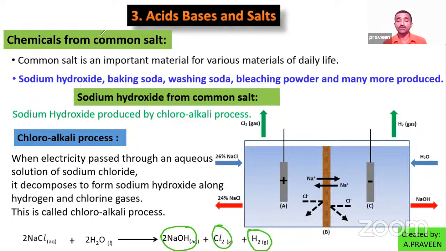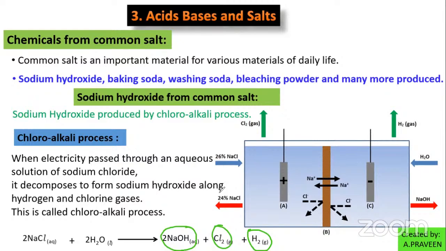Chlorine and hydrogen gases are said to be byproducts. These products we can use in different ways. Suppose sodium hydroxide.